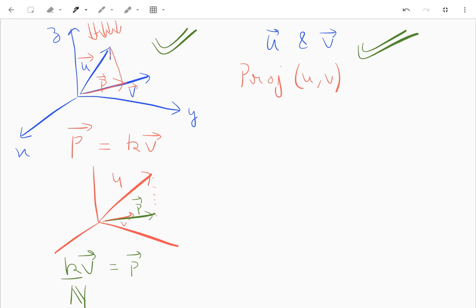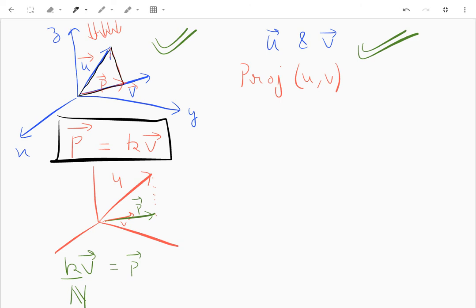Now, how do we calculate what the vector p is? We will use this thing, and also we see this triangle right here.